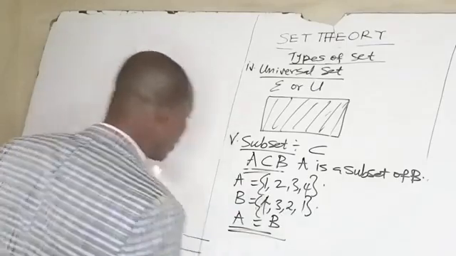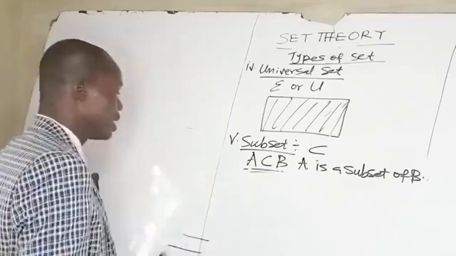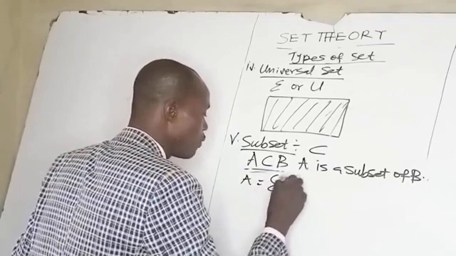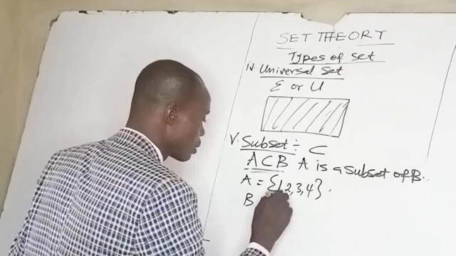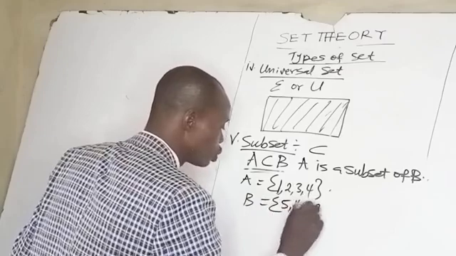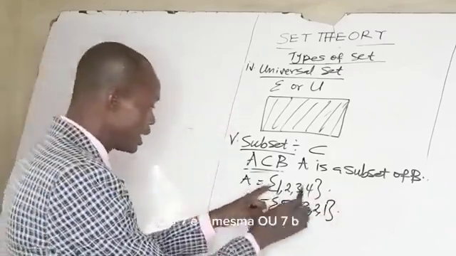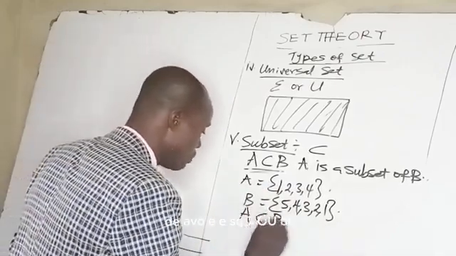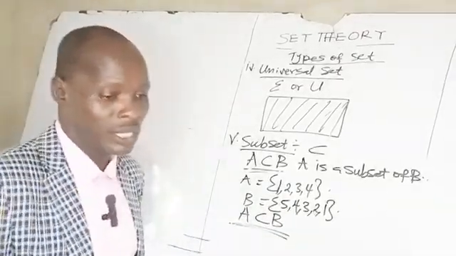But for a subset, if set A equals 1, 2, 3, 4, and set B equals, let me say, 5, 4, 3, 2, 1, all elements of set A are members of set B. Therefore, A is a subset of B. So that is for a subset.